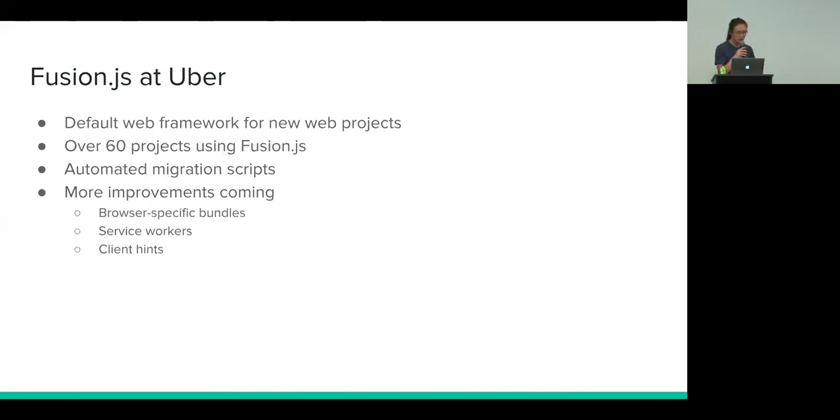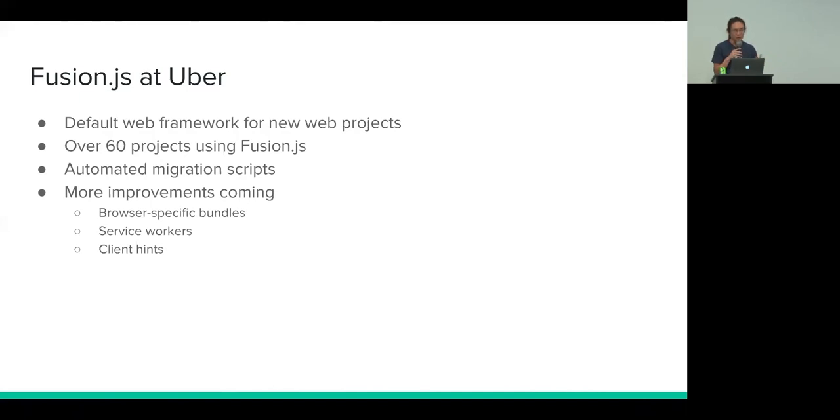There are some other things we're working on. Something I'm pretty excited about: we're refactoring the compiler a little bit. It's going to allow us to do browser-specific bundling. Basically, if you're on the latest version of Chrome, you probably don't need to transpile everything like arrow functions or classes or promise polyfills. You don't need any of that to be sent to the browser. So we can generate a bundle that is optimized for Chrome.